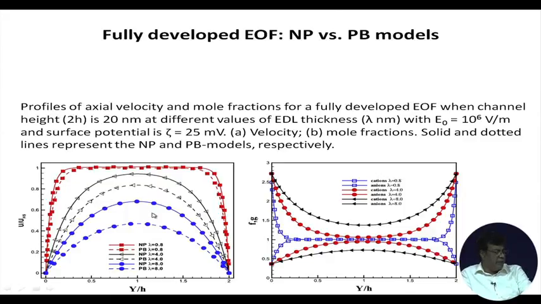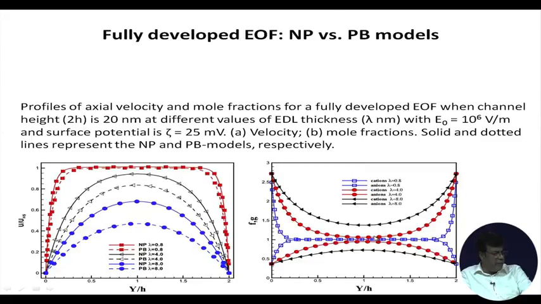This flow resembles the parabolic profile which appears in Poiseuille flow. Actually, these are the characteristics of the plug-like profile. It is very important in many microfluidic devices. And also, we can regulate the flow, because u_HS is just a linear function of E0, the external applied electric field.